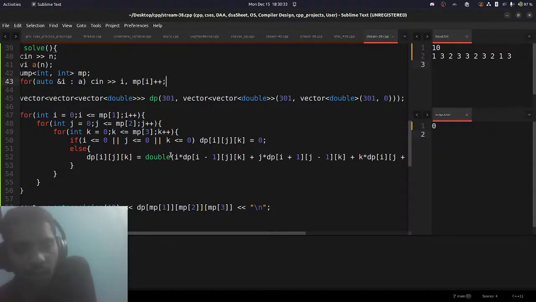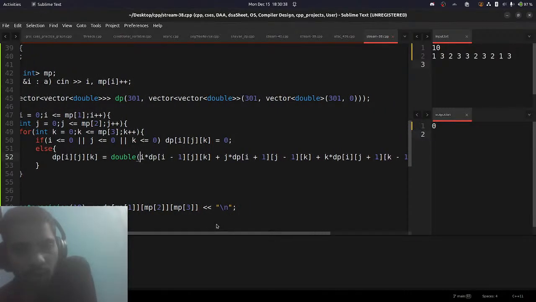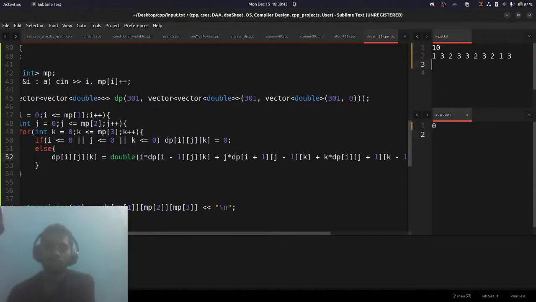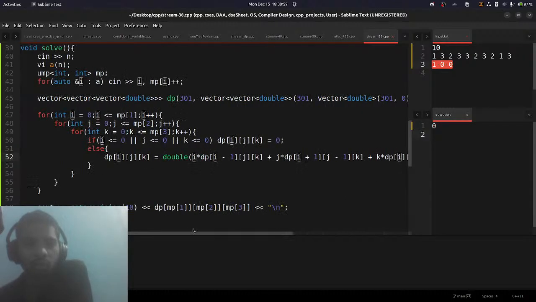So he did n there because probably when we have a state where there is only one, like state 100, in that case this will be 0, this will also be 0, and this will be 1, and this will also be 0.